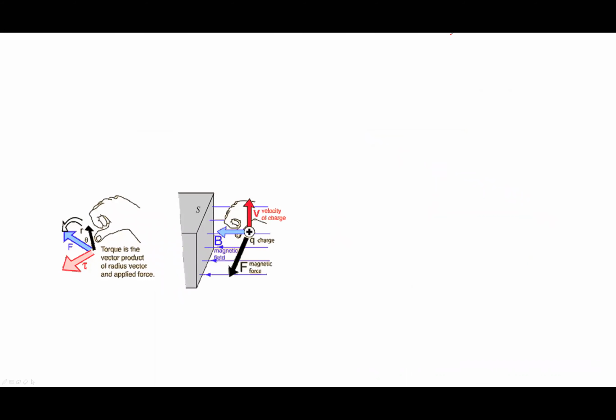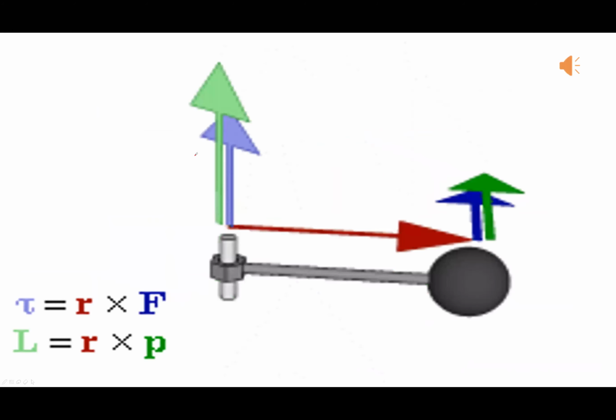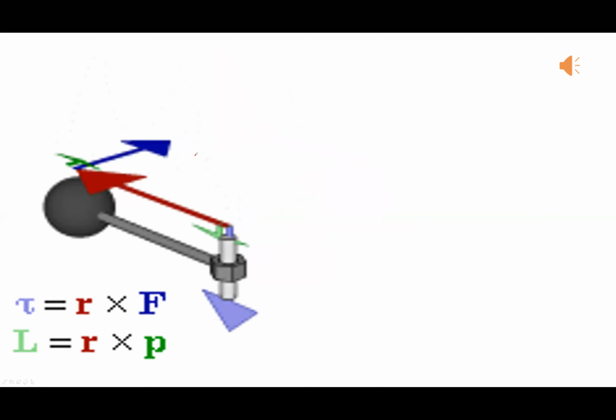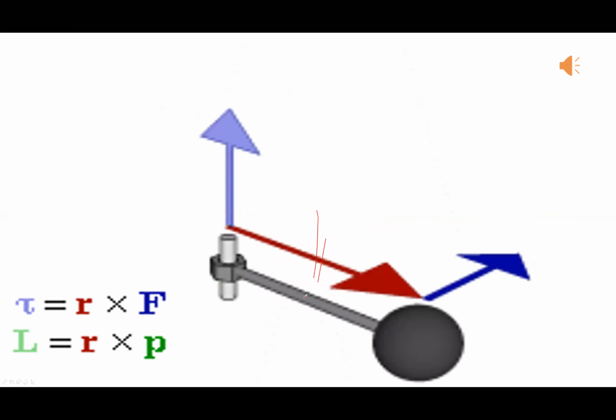Do this example by yourself by applying the right hand rule. Now you can see the given shape. The red line is the moment arm.